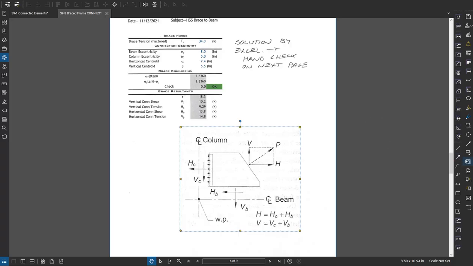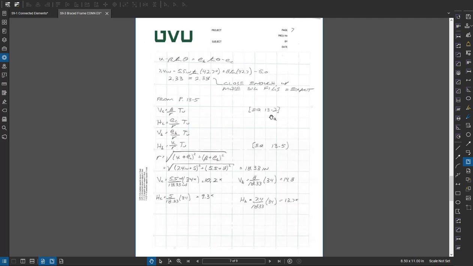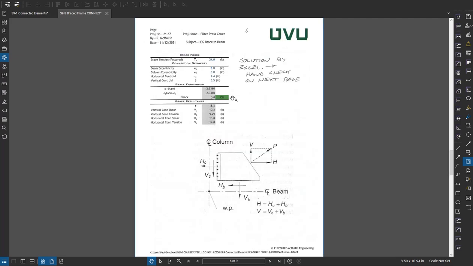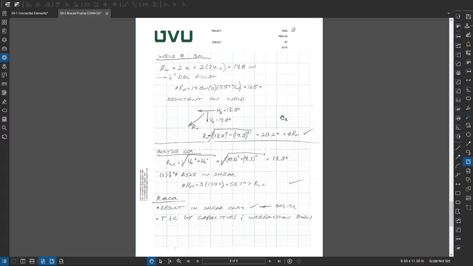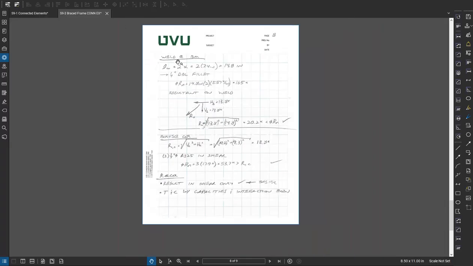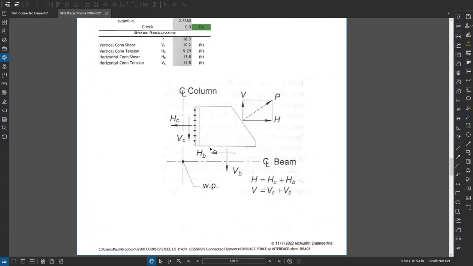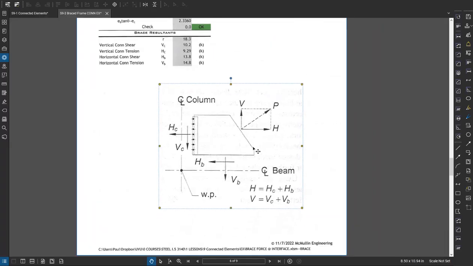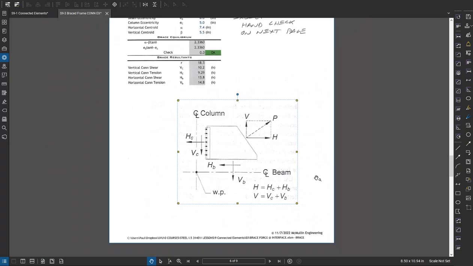On this next page, these are basically the hand calcs that validate these numbers. At the end of the day, I want to design the weld at the beam, basically this interface. For a fillet weld, I'm going to say the weld is in shear, so I look for a resultant of those two forces.